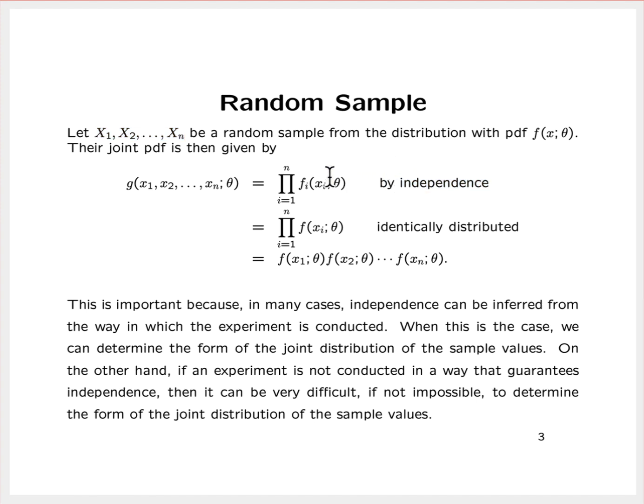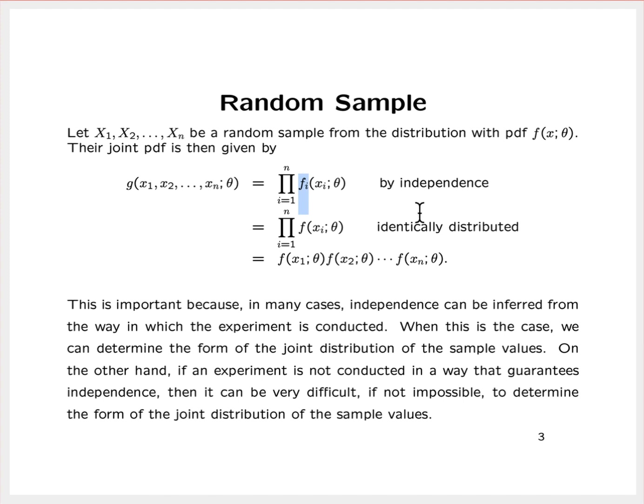And so by that result, the joint PDF, which again we're denoting by lowercase g, of the random variables would be given by the product of the marginal PDFs, which in general, the marginal PDF of the ith random variable x sub i would be f sub i.